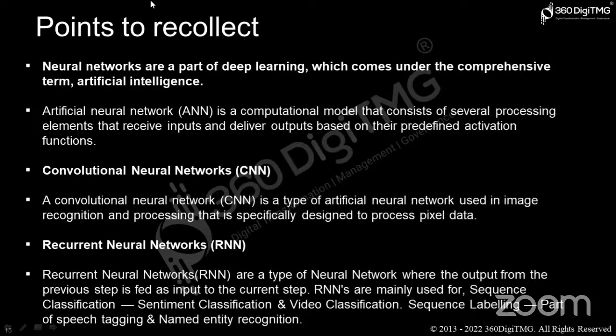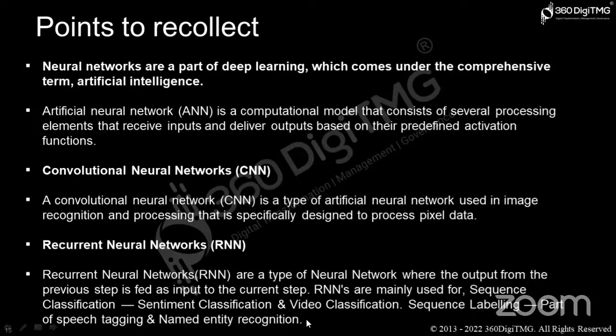There are two different types depending on the data. For image processing we use the convolutional neural network, a type of artificial neural network used in image recognition and processing, specifically designed to process pixel data.